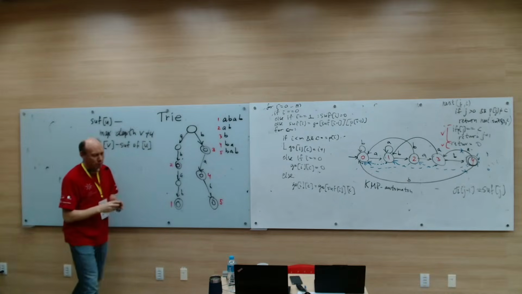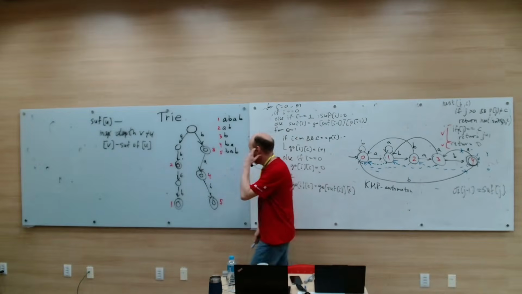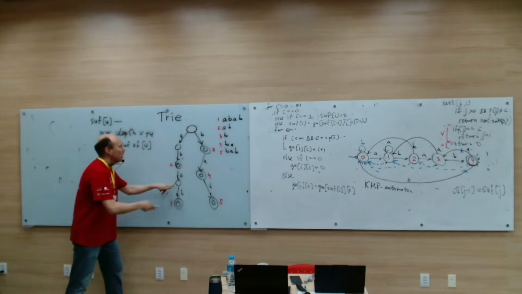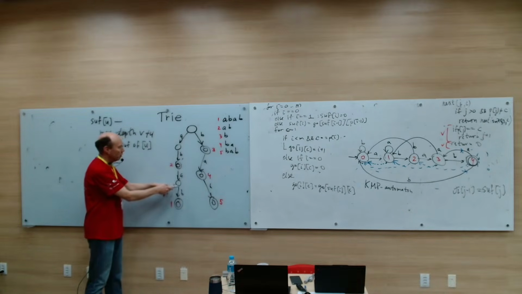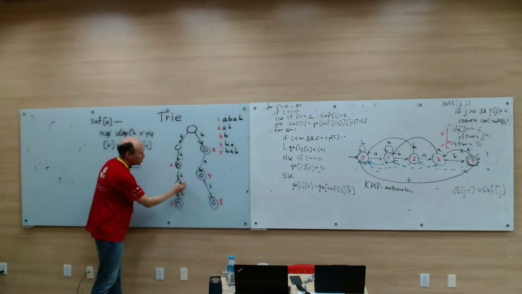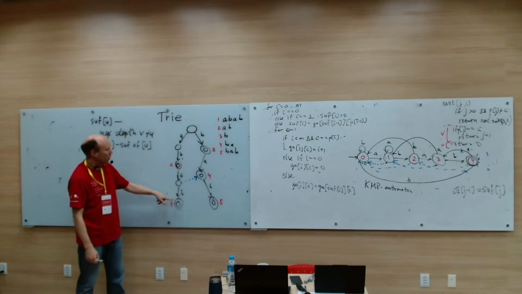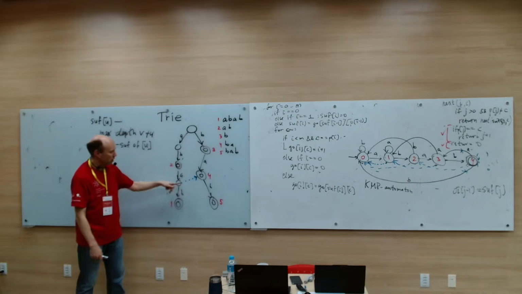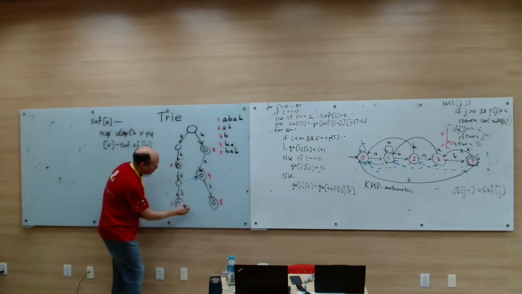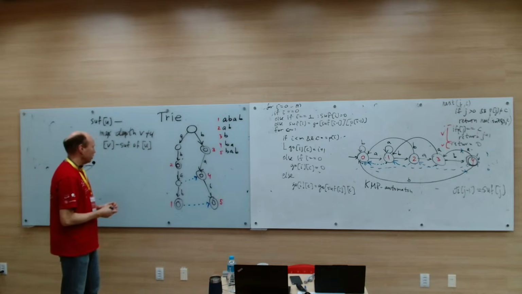Let's do some of this by hand. For example, here, ABA. Do we have BA in the trie? The largest suffix not equal to itself. Yes, so this would go there. ABAB again. Do we have BAB in the trie? Yes, BAB. So it goes here. It's like a regular trie.